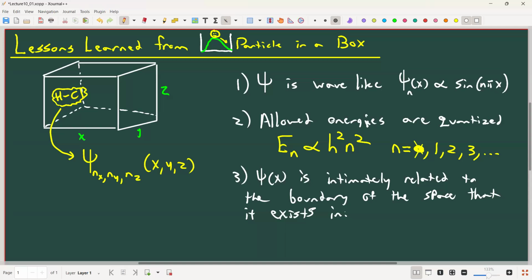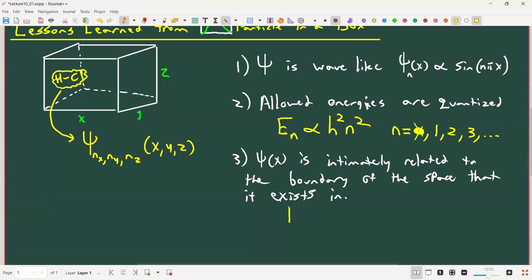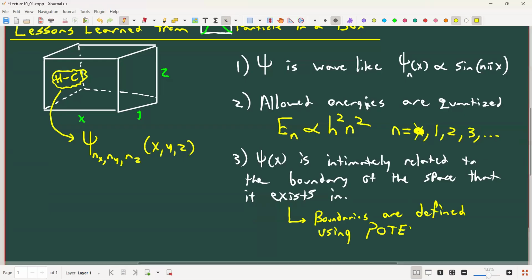So this idea of boundary conditions is essential. And the way that we define boundaries is using potential energy. That's what the potential energy is used for in these problems.